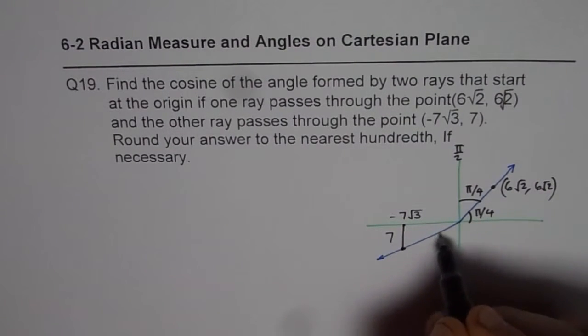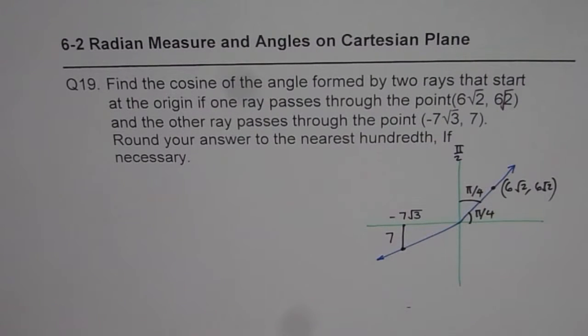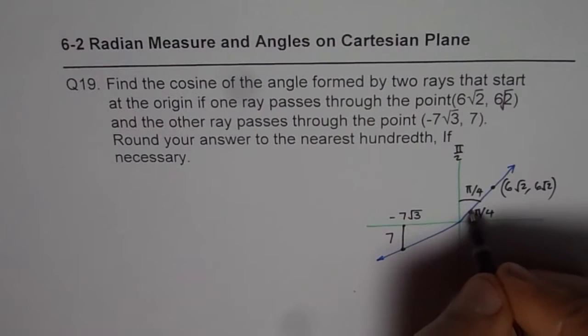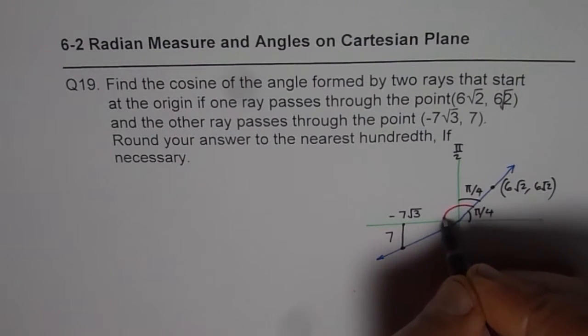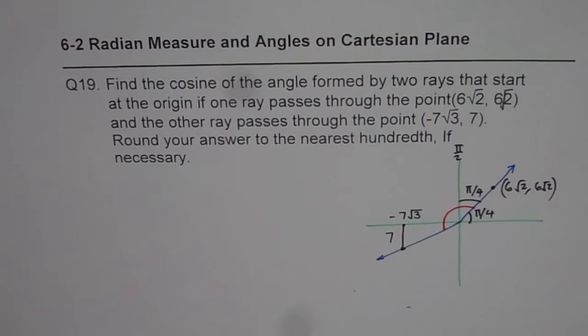But the ray is this one. So the angle formed between these two rays is this obtuse angle, correct?